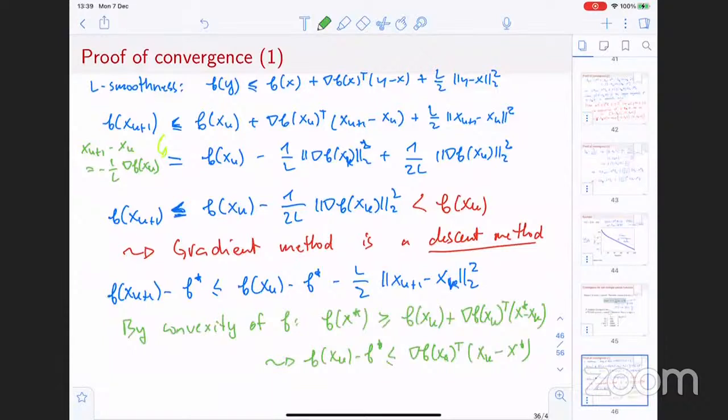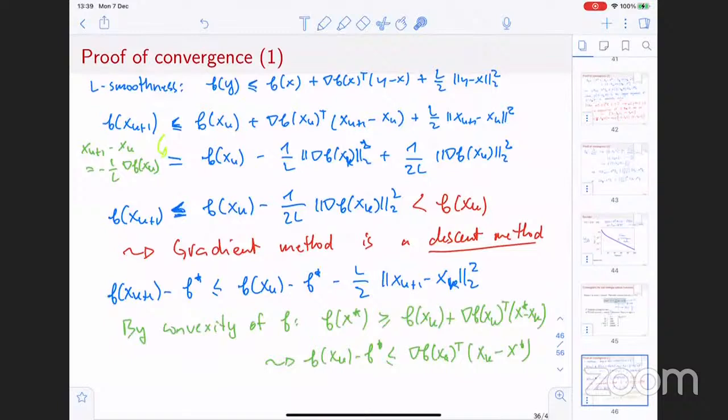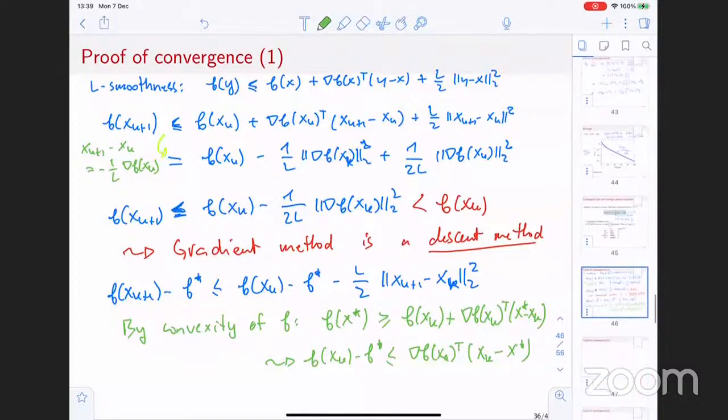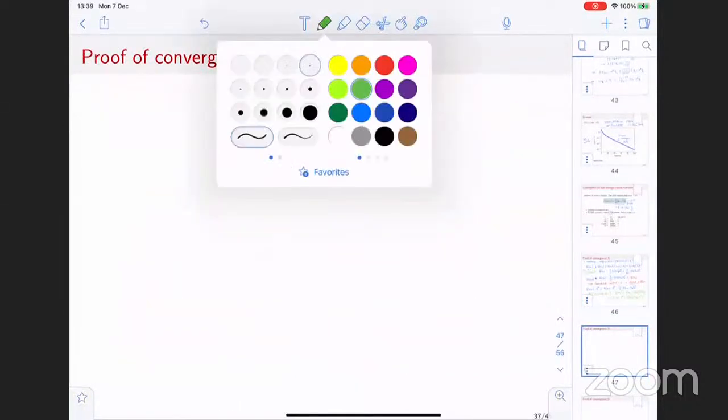Okay, so now what I'm going to do is plug this inequality in here. Let's continue on the next page. Remember, let's just recall what we've proved.